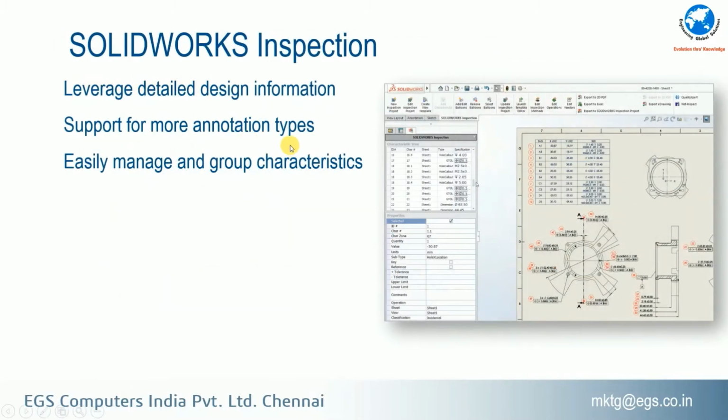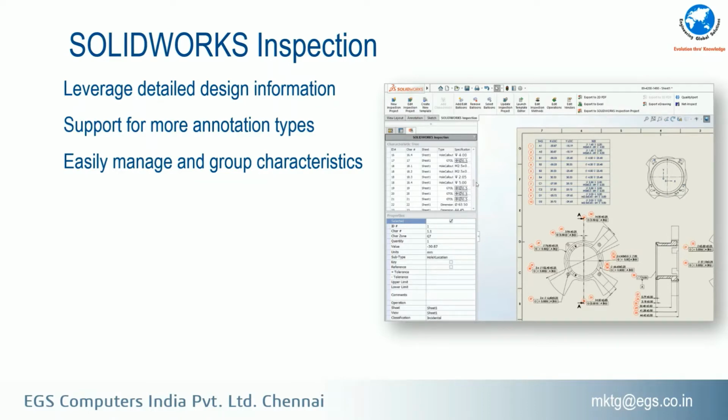SOLIDWORKS Inspection also has even more advanced features in SOLIDWORKS 2019. It is capable of leveraging detailed information in your first article inspection, and it can capture more annotation types.